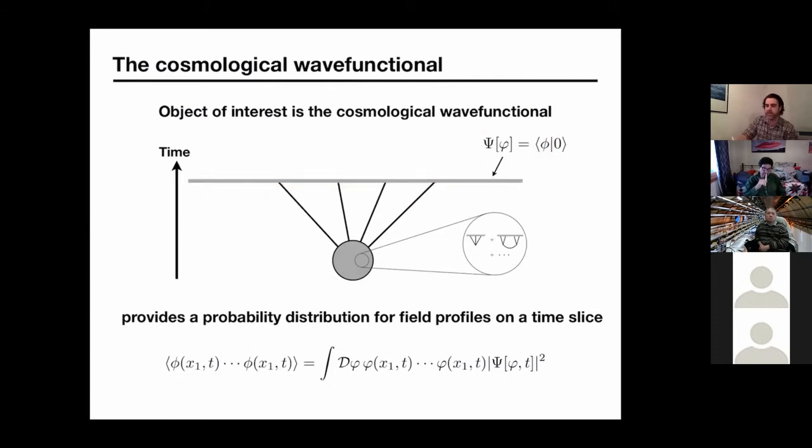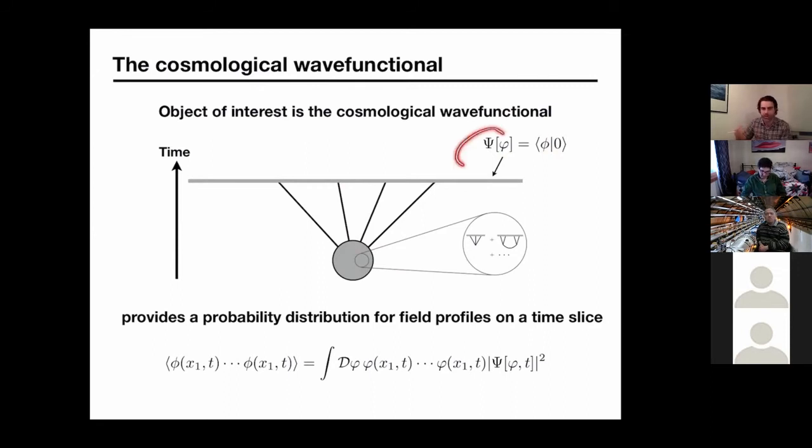And then I can think of this state as like the interacting vacuum state. So it gets built up by a bunch of processes in the bulk. And then on some time slice, I can project it onto whatever set of states I like and write down a representation for it. So here, the natural choice of bases are field eigenstates on this slice. And then this wave functional provides a probability distribution for field profiles on this time slice.